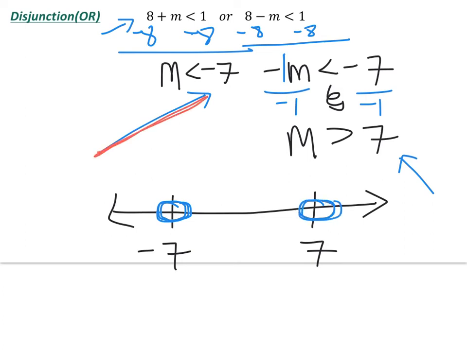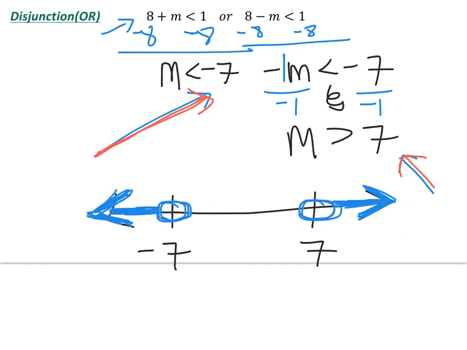This inequality says that m is less than -7, so all the numbers that are smaller than -7 go this way. And then this inequality over here says that m is greater than 7, all the numbers that are bigger than 7. And those go this way.